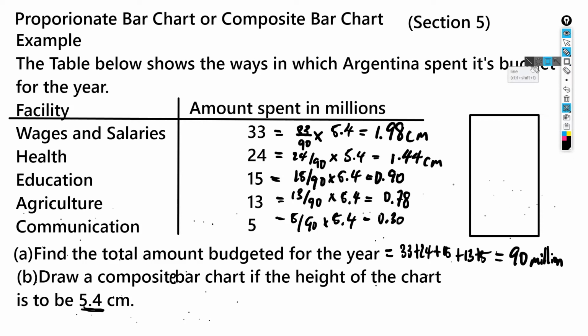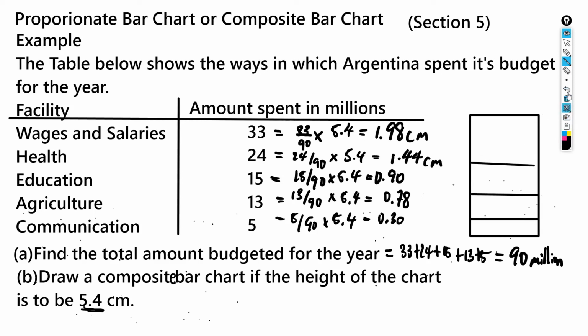Great. Now we're going to draw this here. That should represent the 0.30, then 0.78, then 0.90.